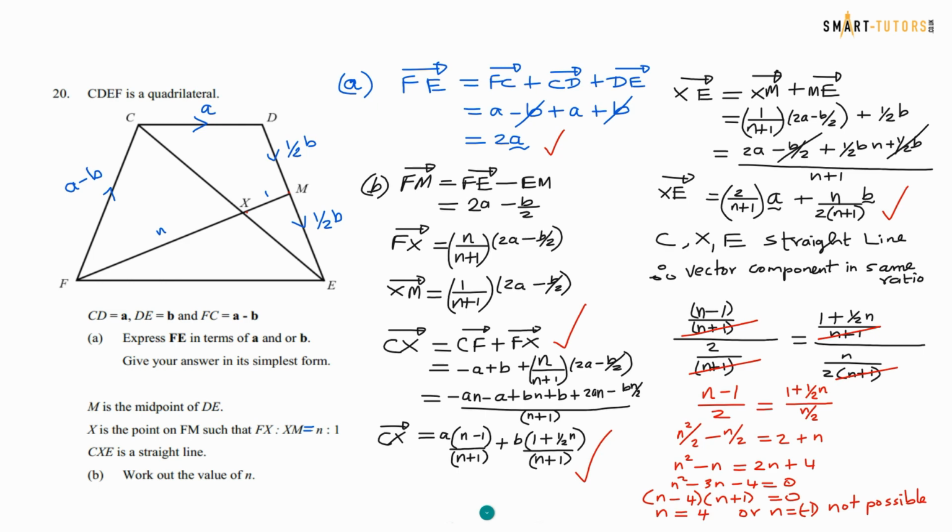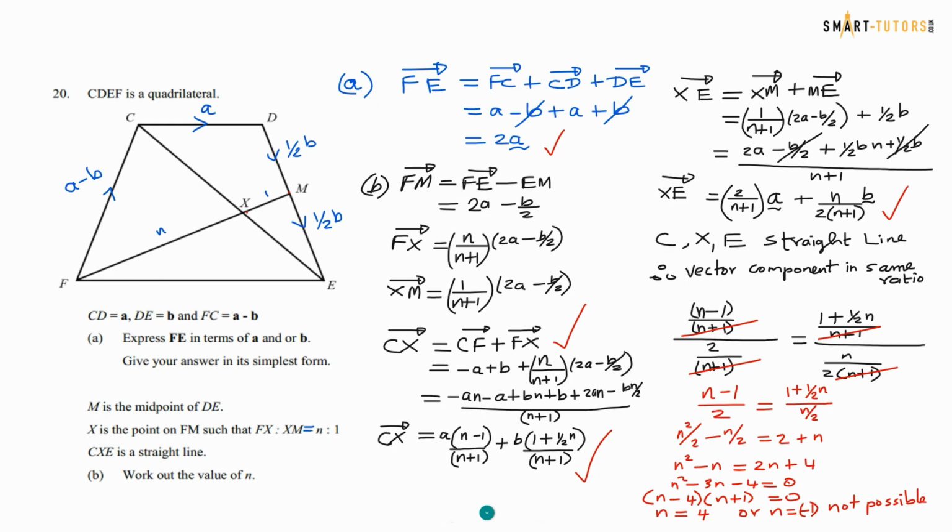So the vector component means the component of the A, n minus 1 over n plus 1, divided by the vector component of the A here, 2 over n plus 1, equal to the other vector. The other vector is the B vector. What is the coefficient? 1 plus half n over n plus 1, divided by the XC vector, n over 2n plus 1.